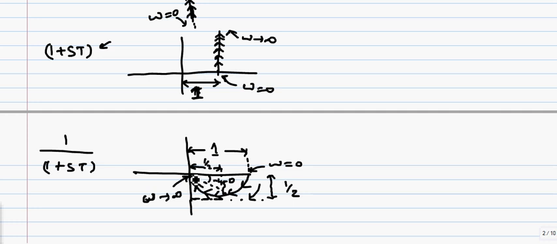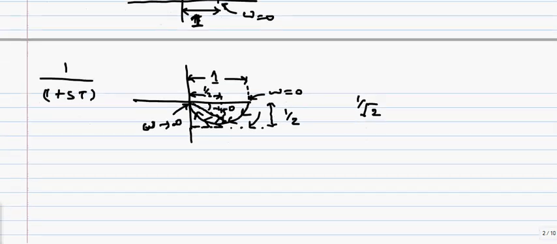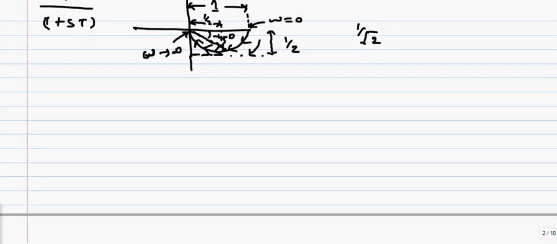And if you look at this phasor which we are plotting here, the magnitude of that will be 1 divided by square root 2. This is how the plot for a simple pole looks.